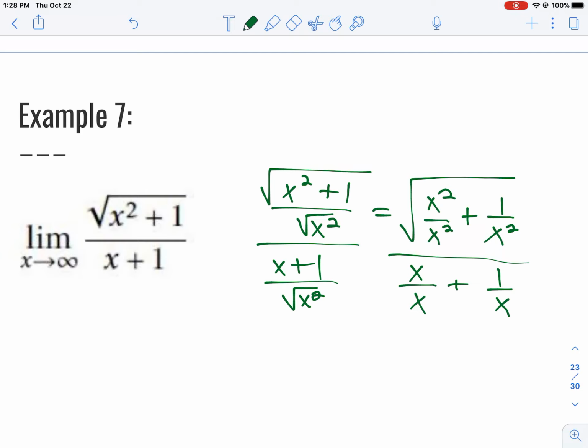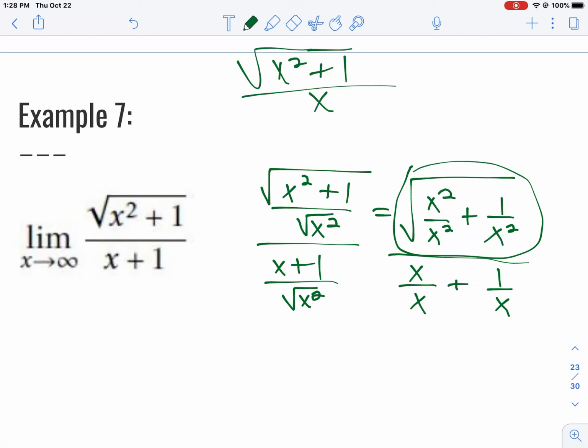The only reason I use the square root of x squared is because I need to get into the radical here. If you did the square root of x squared plus 1 over x, the x cannot move into the radical. But when you divide radicals by other radicals, you can just make it one whole radical. They can move into the same house, if you will.